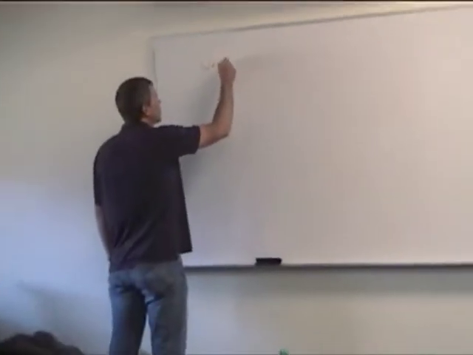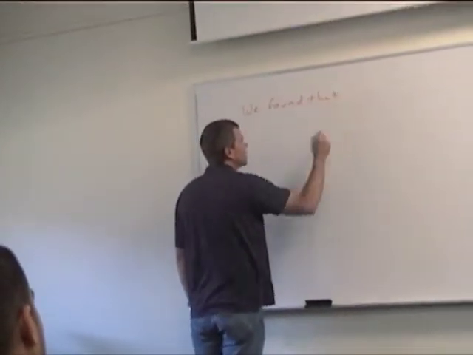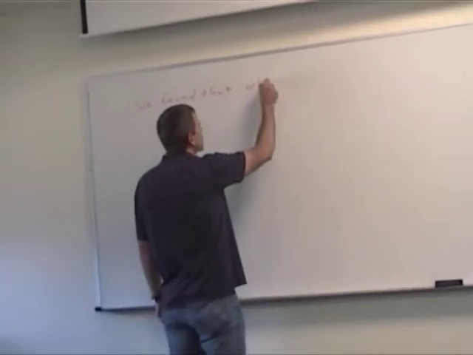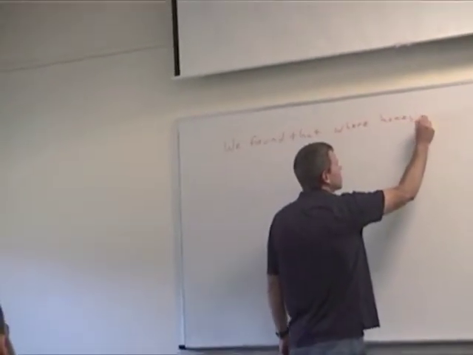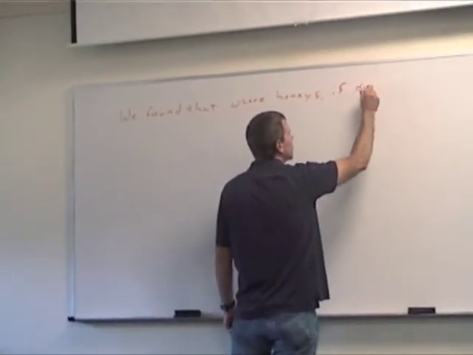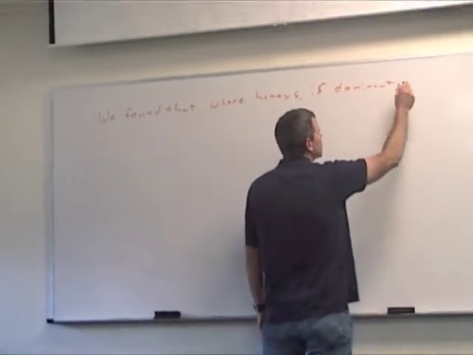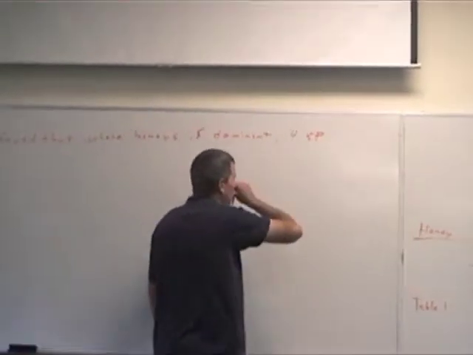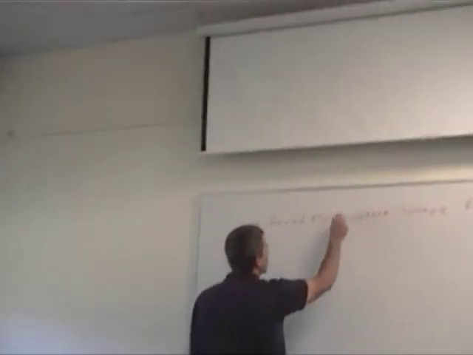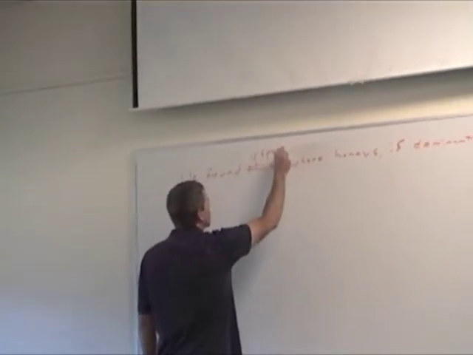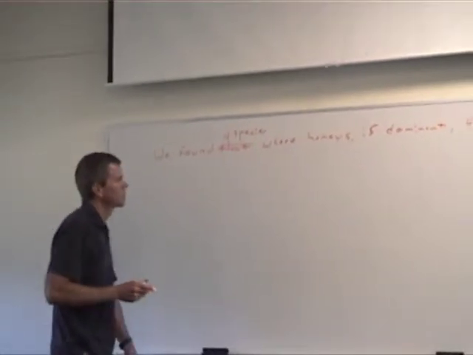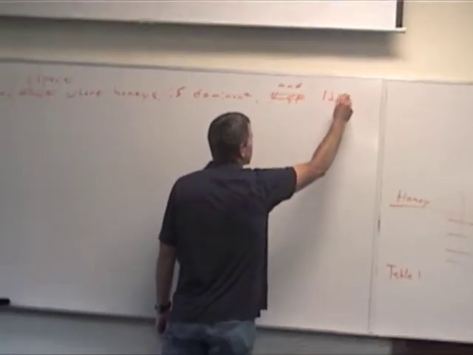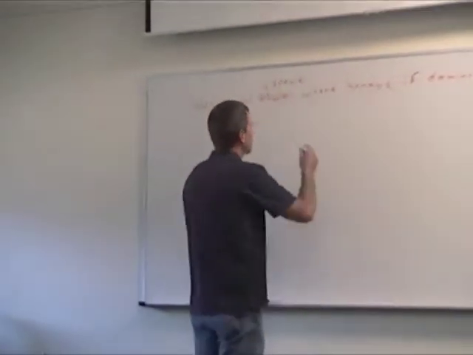And you could start with, we found that, how about we say we found 4 species where honeysuckle is dominant, and 12 total species where it's been removed.